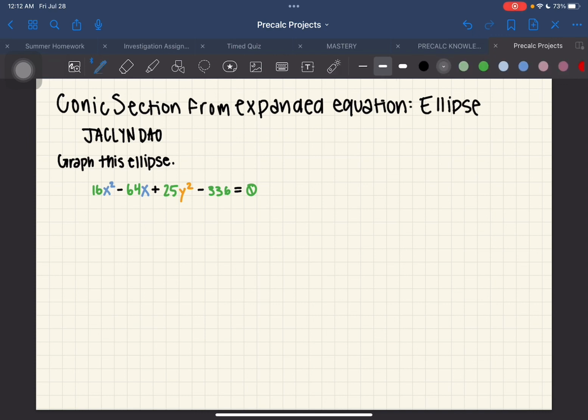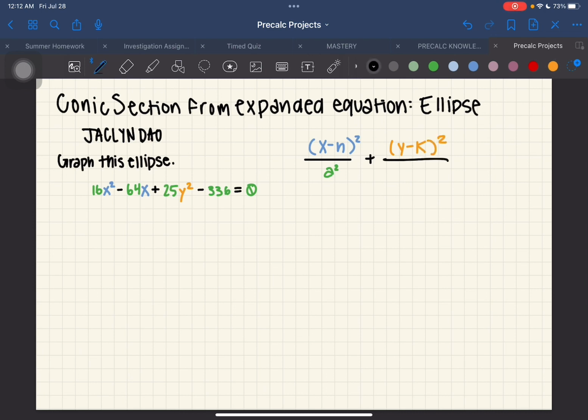An ellipse's standard form is (x minus h) squared all over a squared, plus (y minus k) squared all over b squared, equals 1.